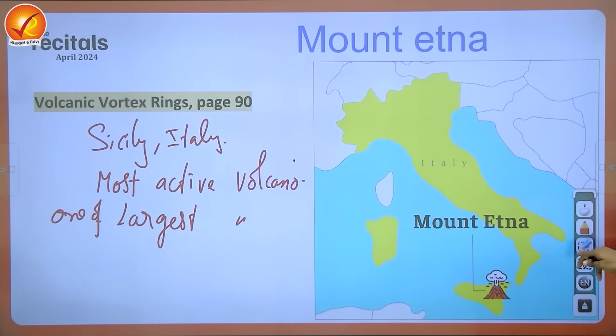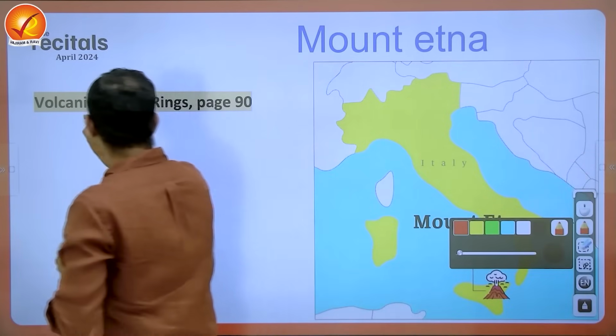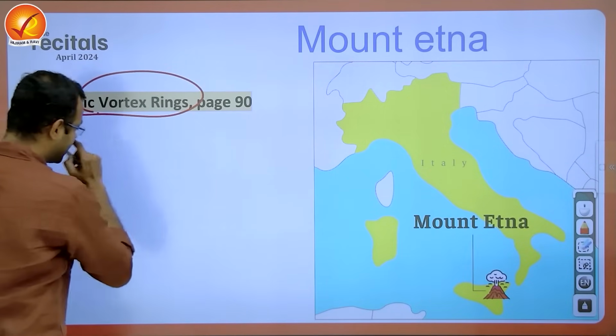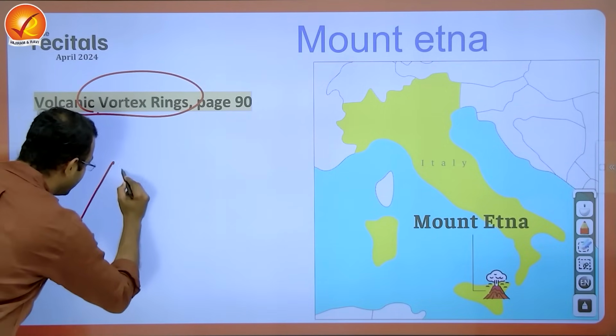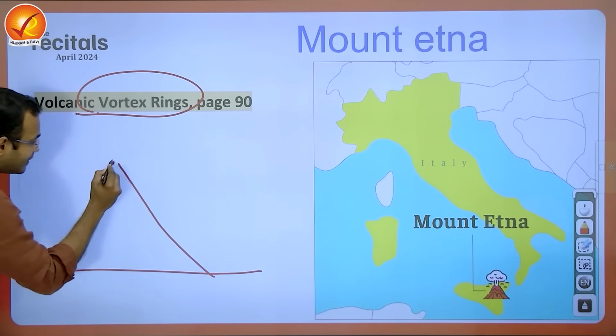Right? Copied. The next one, with respect to Etna producing volcanic vortex rings. See, consider this is a volcano, right? And I do have a small opening.